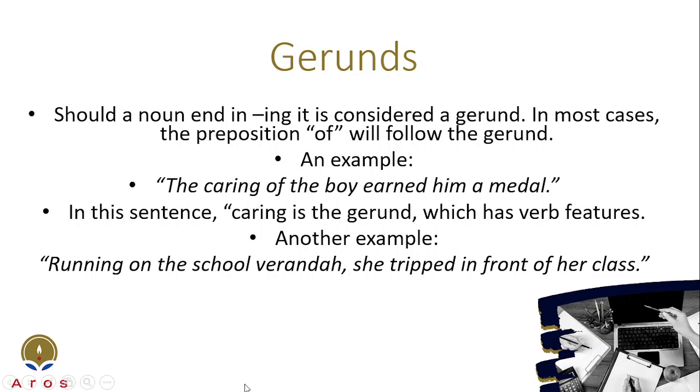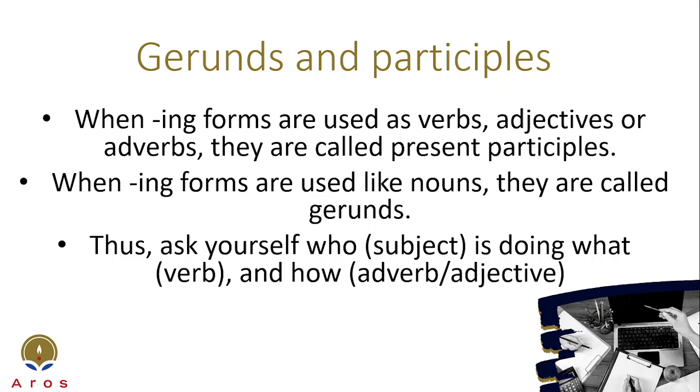So begin deur jouself af te vra wie doen wat. Kyk wat oorbly en as jy afkom by verb met 'n ING waar daar nie 'n subject is wat jy dit aan kan koppel nie, dan weet jy dit is 'n gerund. Kom ons probeer die verduideliking 'n bietjie vereenvoudig. It says there when ING forms are used as verbs, adjectives or adverbs, they are called present participles.